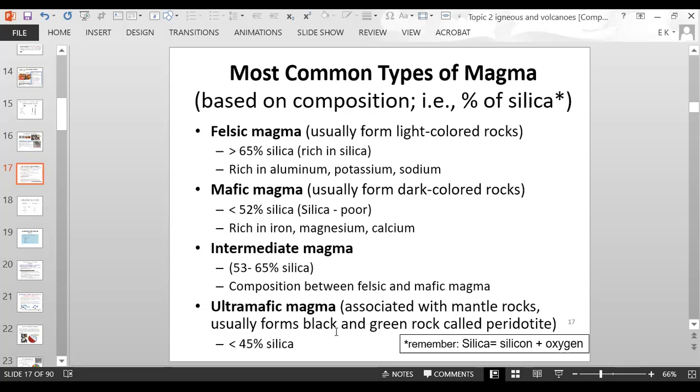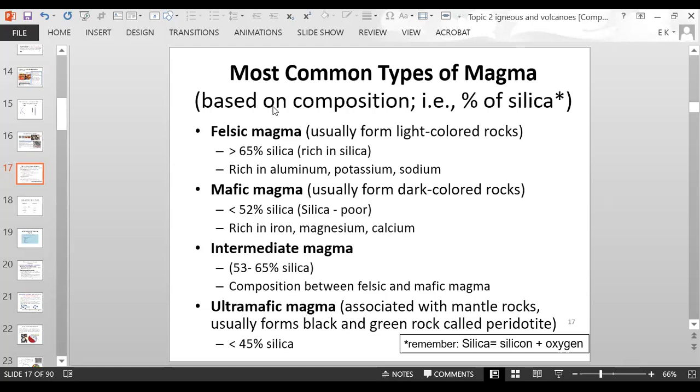And those rocks are usually black and green, and the rock type is usually called peridotite, or most of the magma is made up of this rock called peridotite. The first lecture has information also talking about peridotite, and I think I had a photo of peridotite in there.